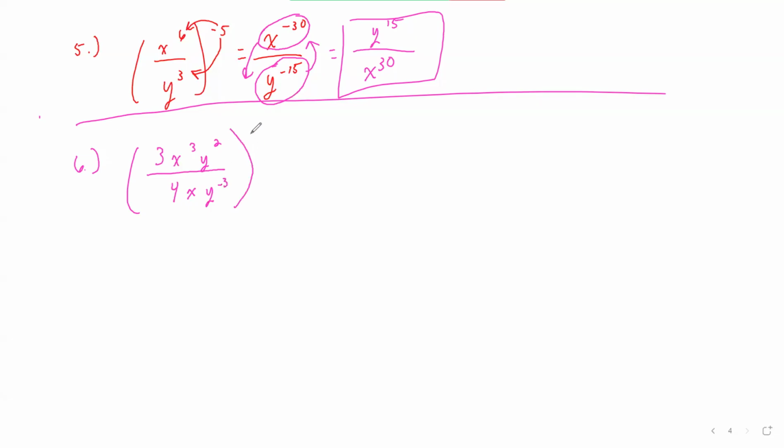All of this one is raised to the negative 2nd power times 5x to the 3rd power, y to the negative 2nd power, divided by 2x to the negative 4th power, y squared, divided by, or raised to the negative 2nd power.